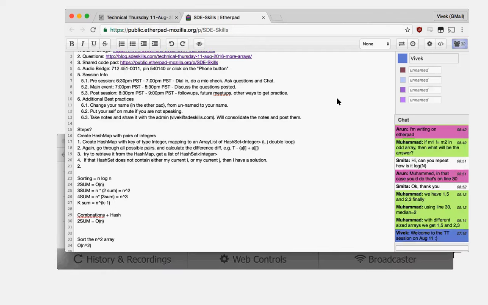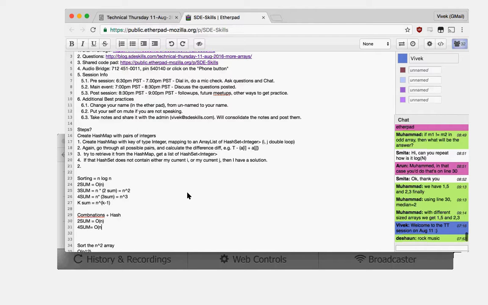And a four-sum would be essentially O of n square, and so on. So what happens is that for k-sum, if k is even, it will be O of n power k by 2. But it will occupy n power k by 2 space as well, right?